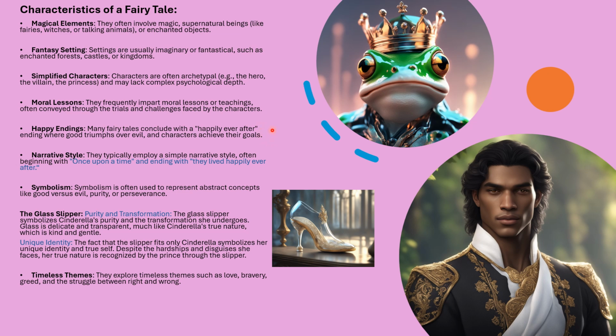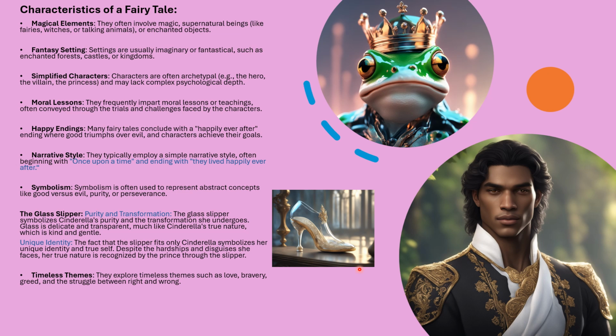We go through trials, but then we reach a positive goal. So the story will typically begin with once upon a time and end with they lived happily ever after. And there's often symbolism in these stories to represent the fight between good and evil, or purity, or perseverance.